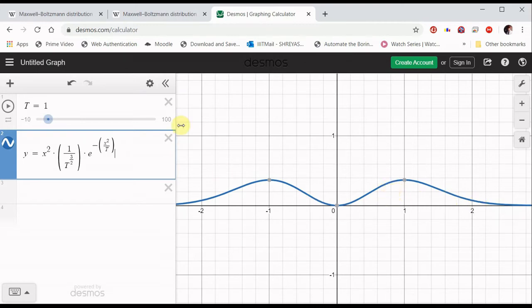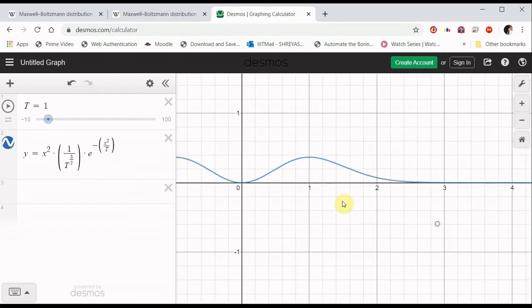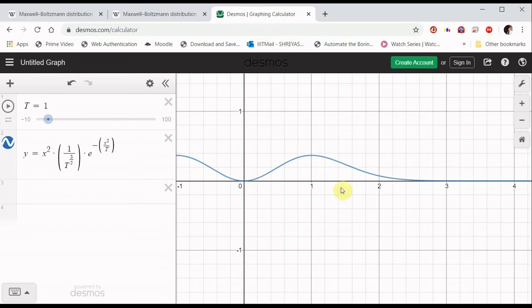Also, when I said that the area under this curve gives the probability, keep in mind that if I take the entire area under this curve from 0 to infinity, the area would be 1, because the probability that a particle has speed from 0 to infinity is 1, right?